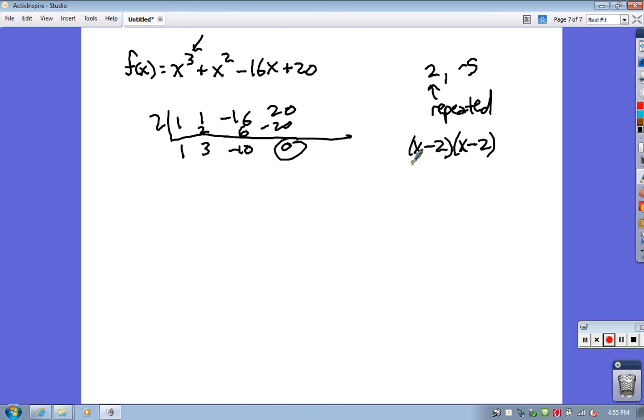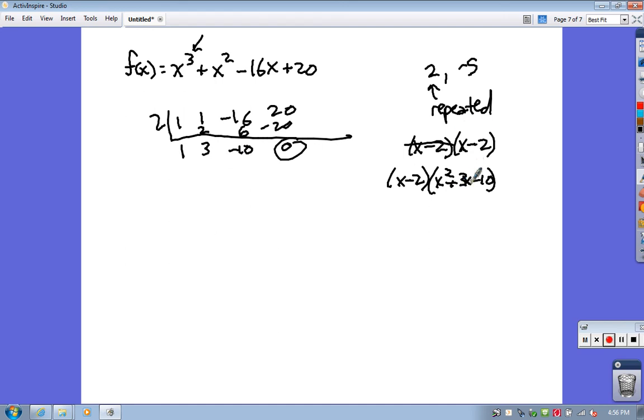So notice then that I factored out an x minus 2, and what's left is x squared plus 3x minus 10. Remember, this was a cubic. I divided it, so it's now a quadratic.